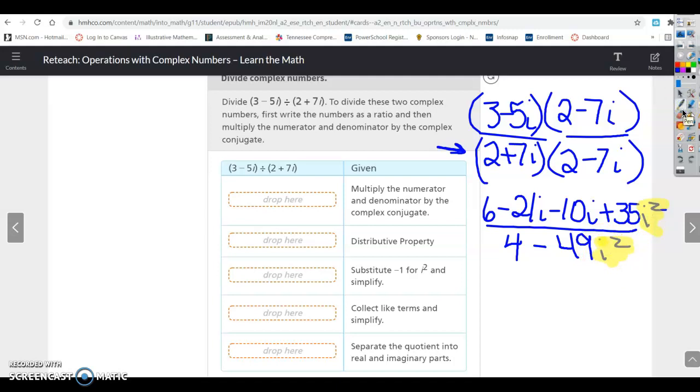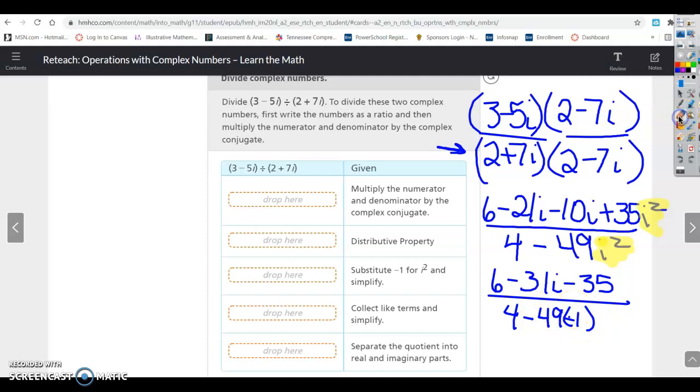All right, again, our i squared is equal to negative 1. So now we can rewrite the top as 6. We can combine this to be minus 31i. And then this is now going to be minus 35, because 35 times negative 1 is negative 35. And then I'm going to have 4 minus 49 times negative 1, which again is plus 49.